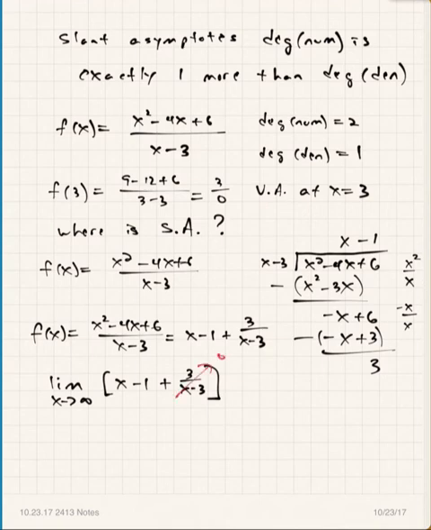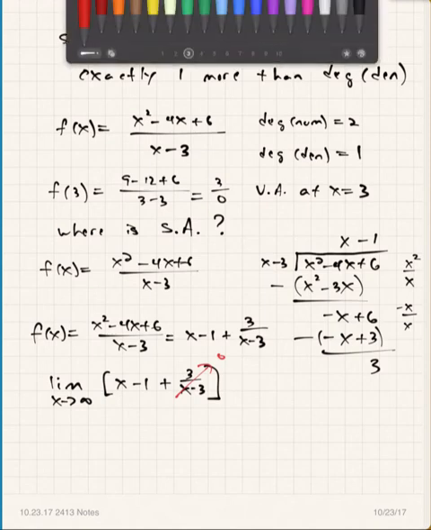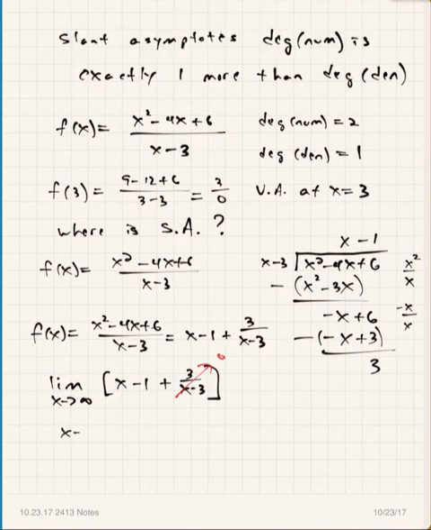And so what's happening here is that x minus 1 plus 3 over x minus 3 is approaching just x minus 1 as x gets large. Or small, by the way, so negative infinity also there.